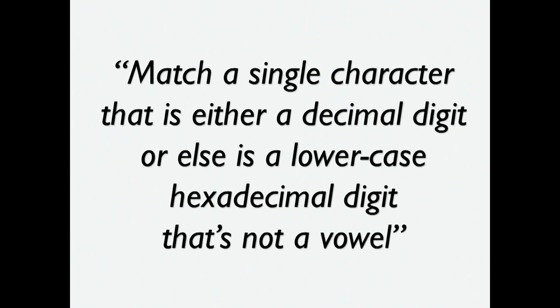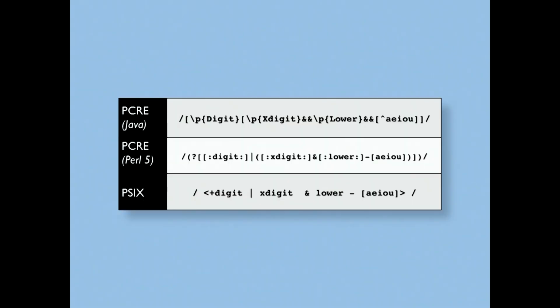And a few dialects even allow you to go further than that and use full set operations. And you can use them in most of those dialects on Unicode characters. So you could say, for example, I want to match a single character that's either a decimal digit or a lowercase hexadecimal digit, but not a vowel. So that looks more or less like this.